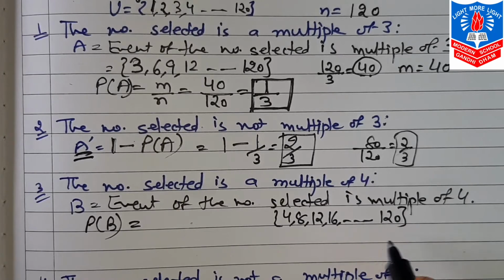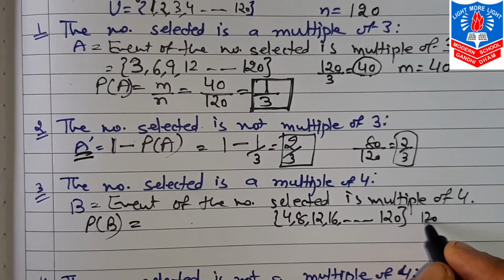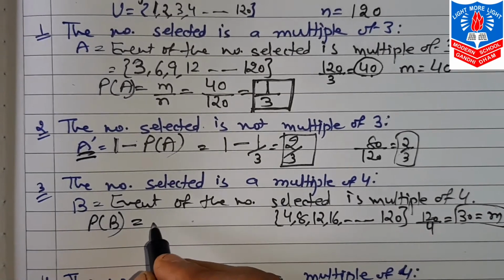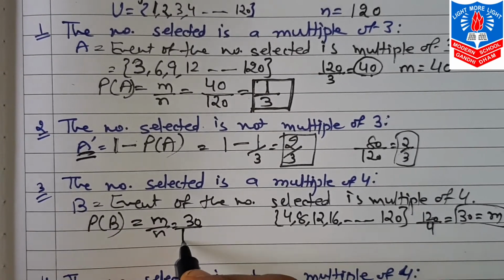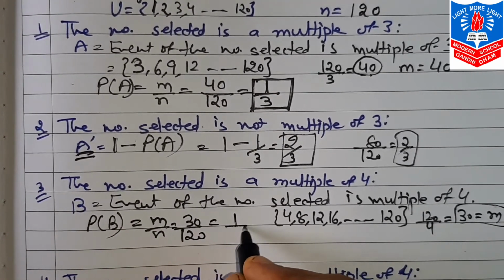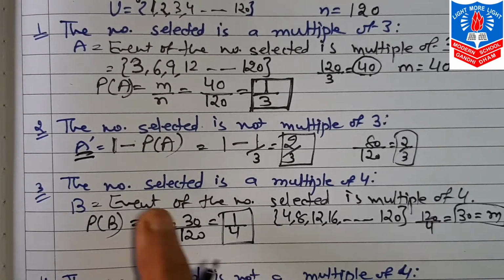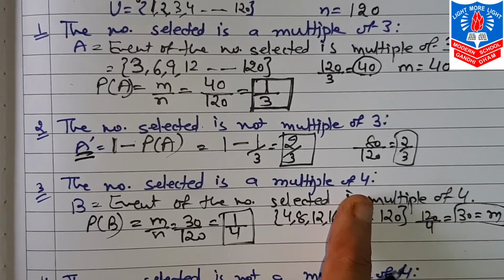If we want to know how many there will be, for that we divide 120 by 4, because these are multiples of 4, and we get 30. So m will be 30. Here 30 divided by 120 will be 1 by 4. So this 1 by 4 is the probability of getting a multiple of 4.